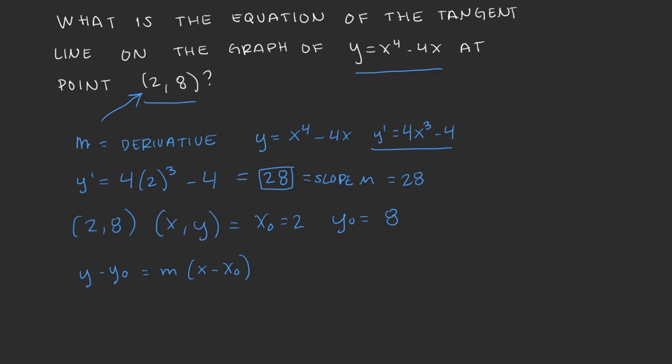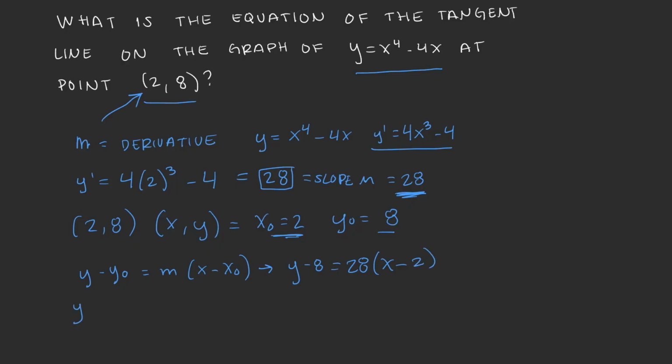So let's just go ahead and plug everything in. We would have y minus y naught, which is 8, equals our m, which is our slope, which we solved earlier, which is 28, and then we have x minus x naught, which is 2. That's it.